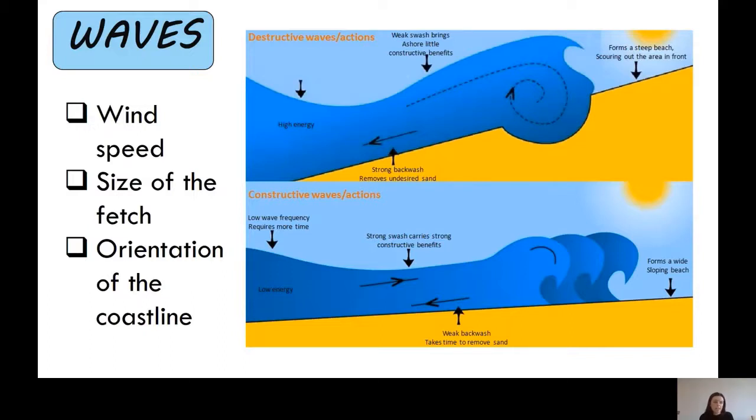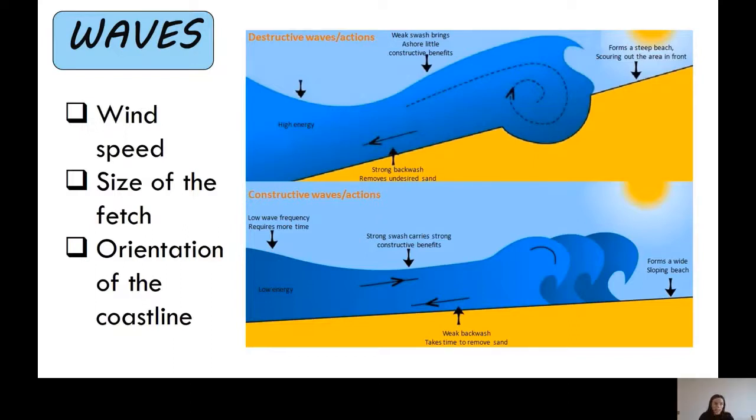On the other hand, constructive waves have a weaker backwash in comparison to their swash. That means it's constructing and building up the sediment on the beach, forming a wide and sloping, more gradual beach.